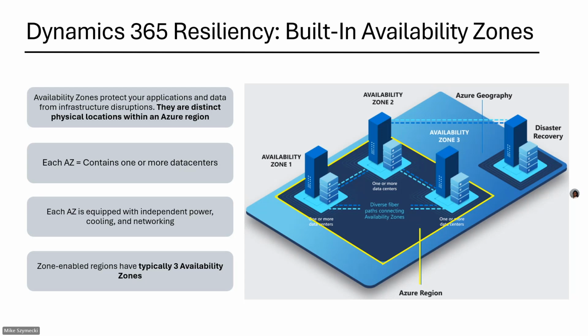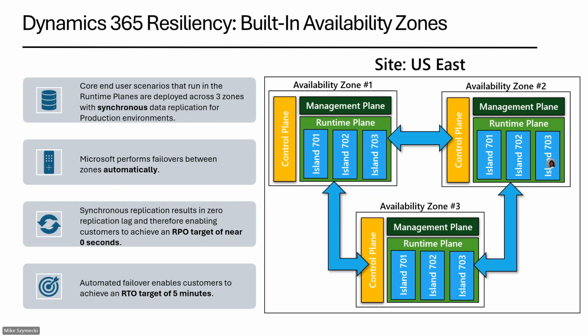Every region has at least 2 zones, but typically we have 3 availability zones, and each zone has 1 or more data centers within itself. The smaller regions may have a single data center or a zone, but larger regions can have multiple data centers or zones. Now, replication across the zones is synchronous.